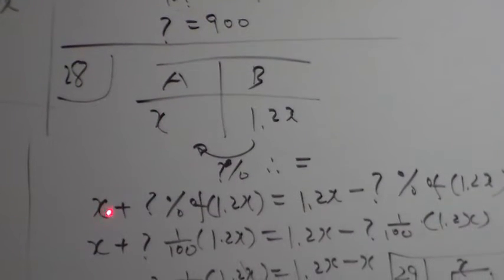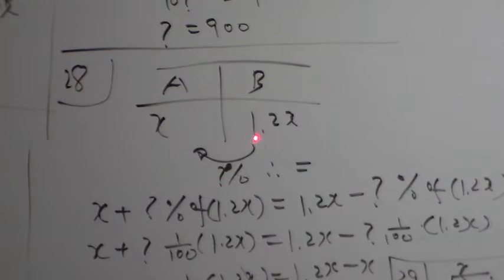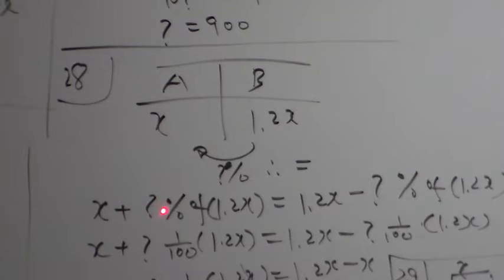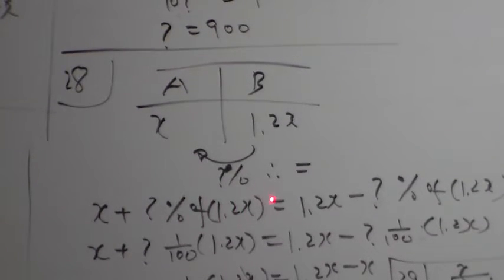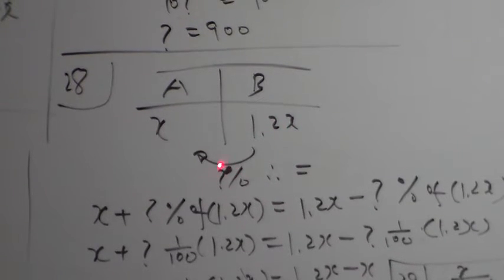Jar A has X plus the question percent of 1.2x, equal to jar B, which has decreased.